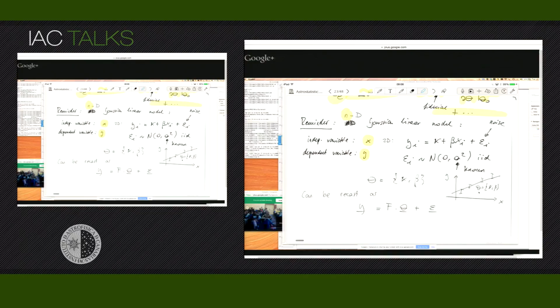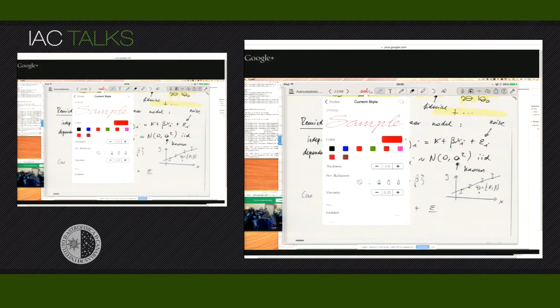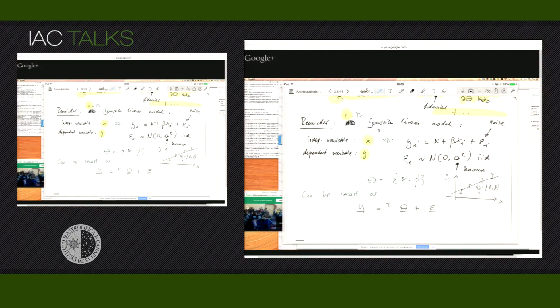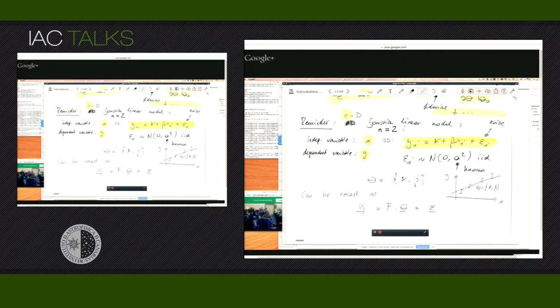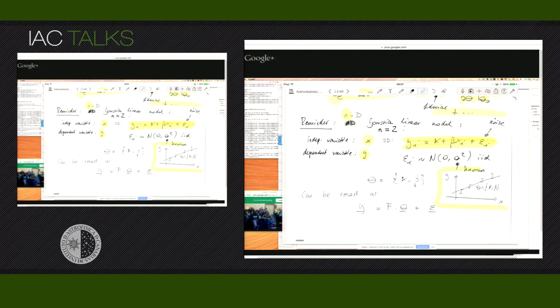Now the simplest model, in 2D for example, where n is equal to 2, would be a simple linear model where you have the response y_i equal to alpha plus beta x_i plus noise. So it's just a linear model where the parameters are alpha and beta, the intercept and the slope of your curve. This plot is a sketch of what you're trying to do.